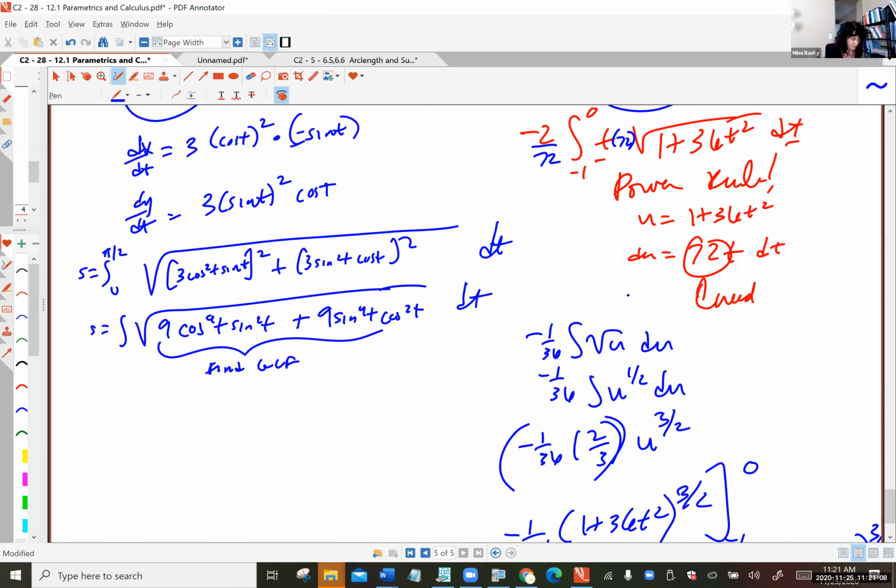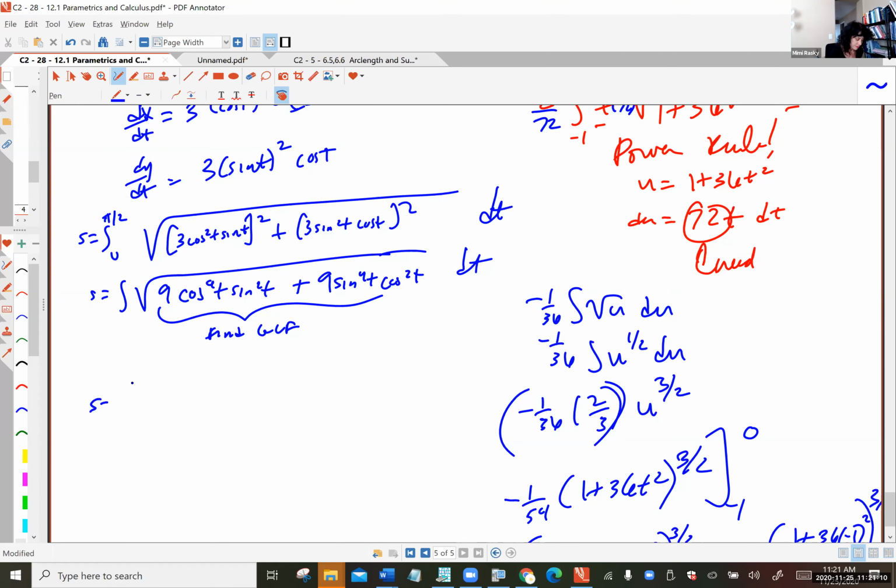Anybody see it? What's common to both? 9 is a good start. Anything else common to both? Cosine squared and sine squared. And then what's the other factor going to be after you pull out that GCF?